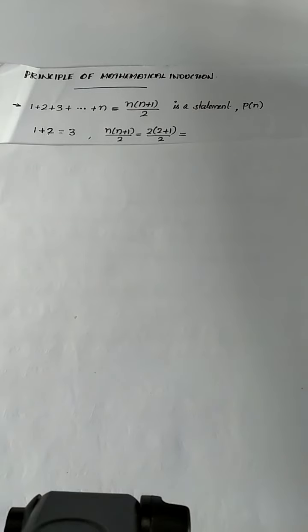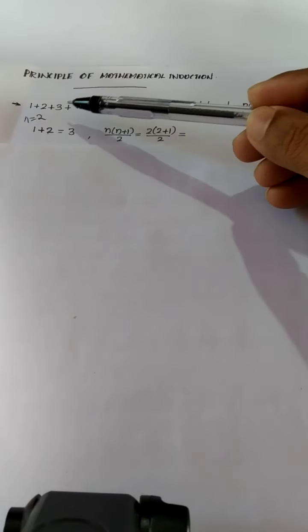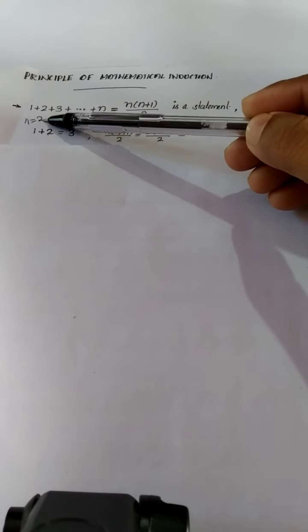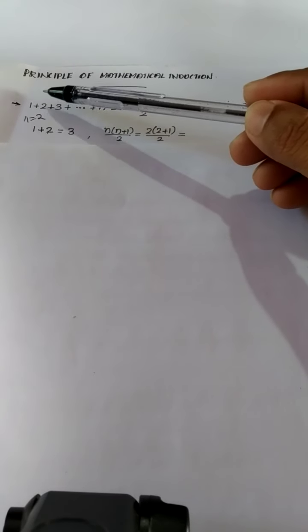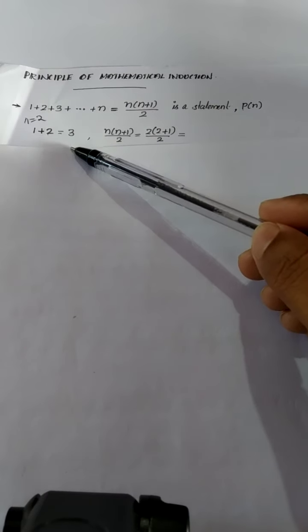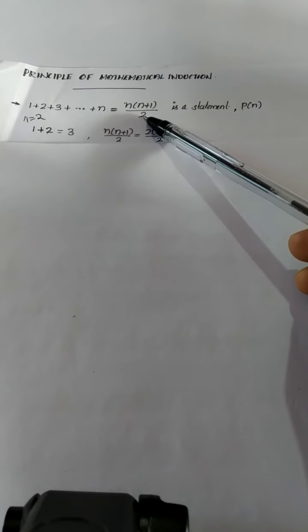In this case, if we let n is equal to 2, what will we get? The left side of this statement will become 1 plus 2, because n is equal to 2. 1 plus 2 is equal to 3. What is the right side? n into n plus 1 divided by 2.